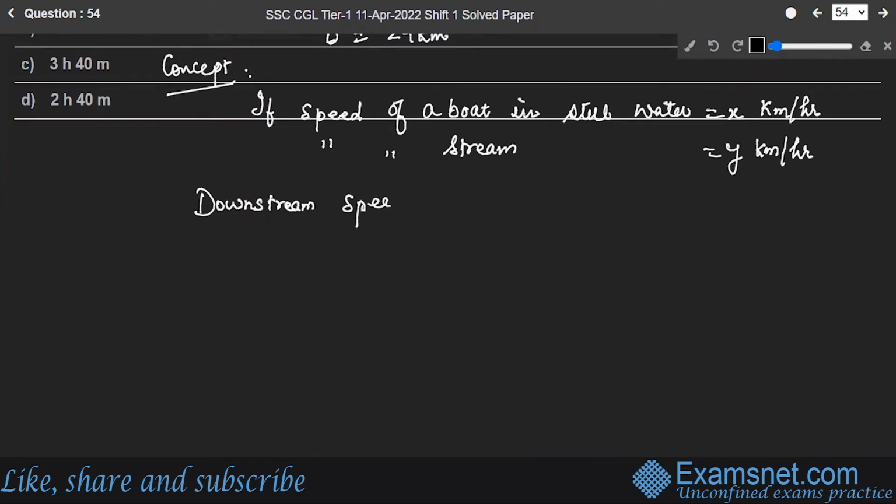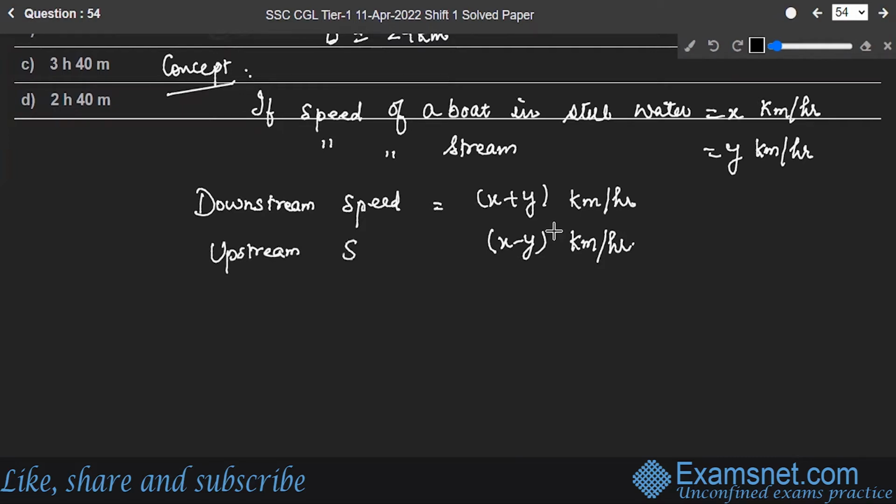Downstream speed is equal to x plus y kilometers per hour, and the upstream speed will be subtracted, okay, because they are moving in the opposite direction. It will be x minus y, right?